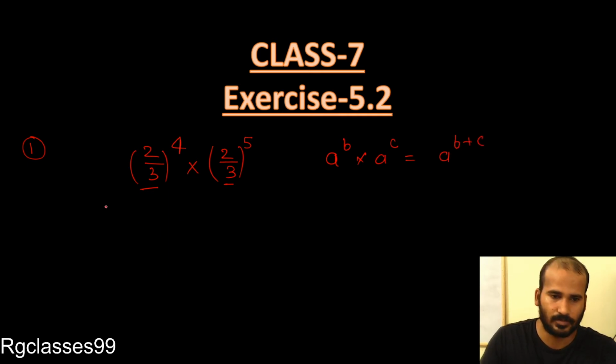So just simplify here. I write (2/3)^(4+5), because the bases are the same. So the result is (2/3)^9, and this is your answer.